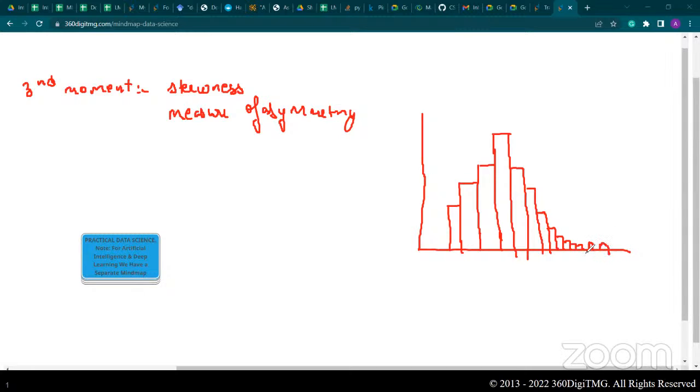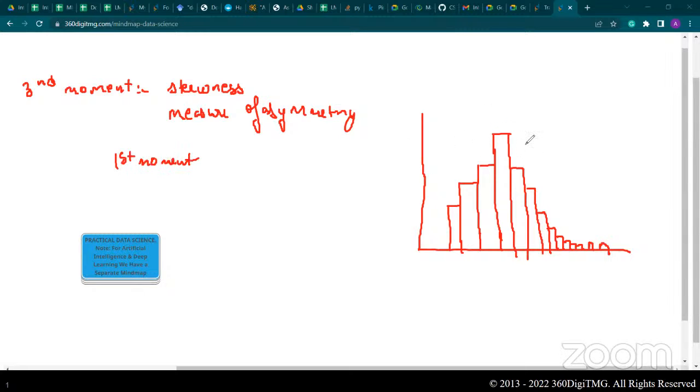All right. So this is our histogram that we are looking at currently. Now, let's see if we want to calculate the first moment.